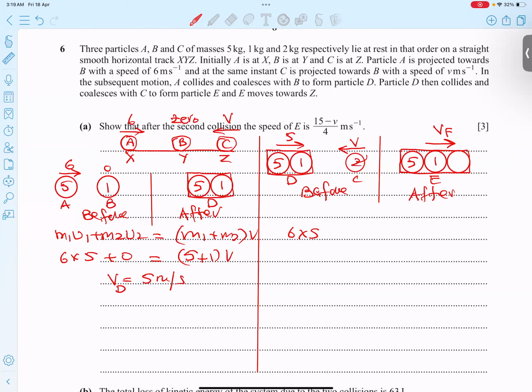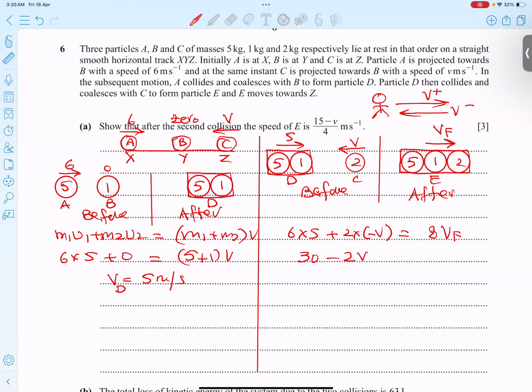And this mass is 2 kilogram, so plus 2 into negative V. Why negative? Because when a particle goes away from the observer the velocity is positive, and coming back the velocity is negative. This is equal to 5 plus 1, 6, and 2, 8, so 8 times VF.